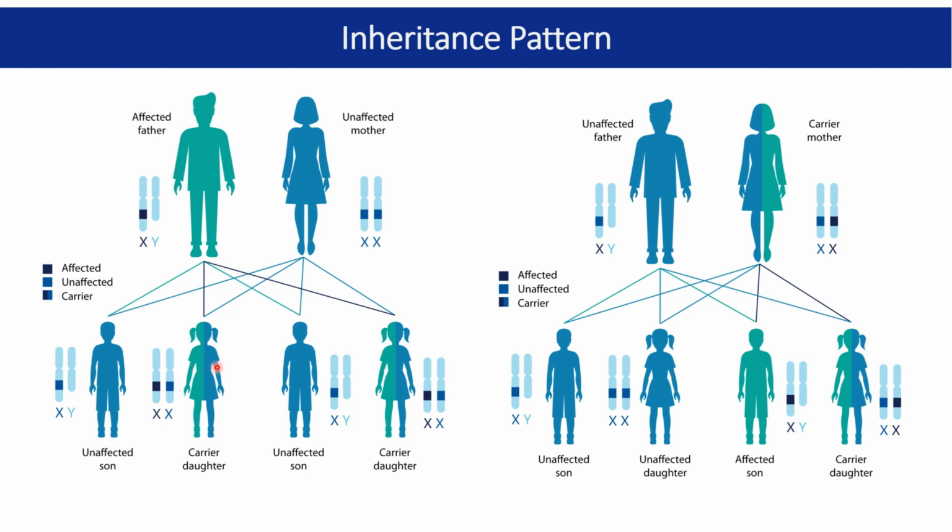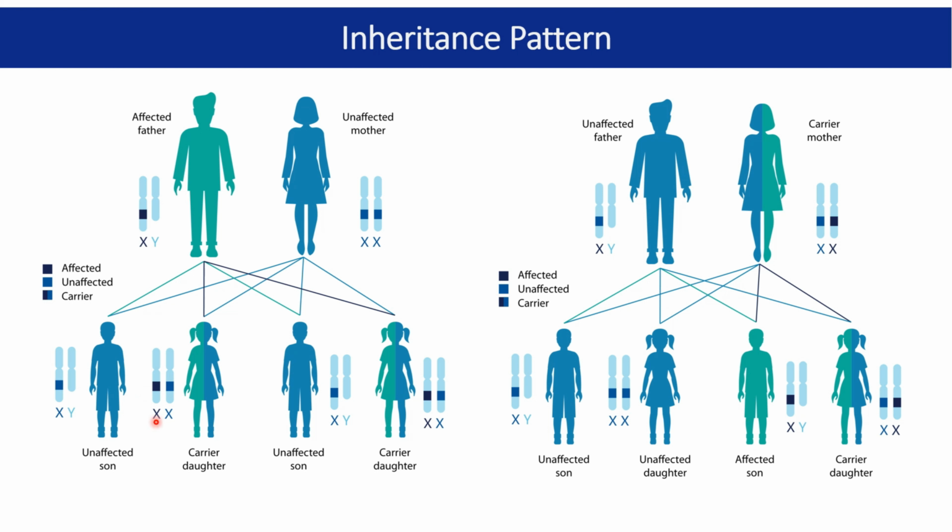Because the male has a defective gene carried on his X chromosome, this X chromosome will be passed on to the daughters. Because of the defective gene, the daughters will definitely be carriers of this disease.